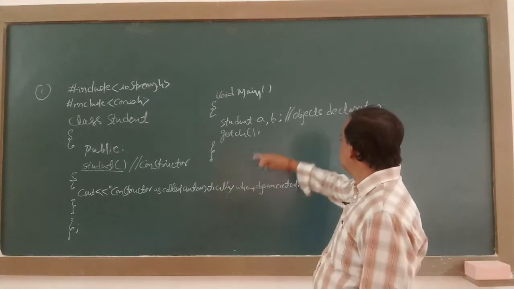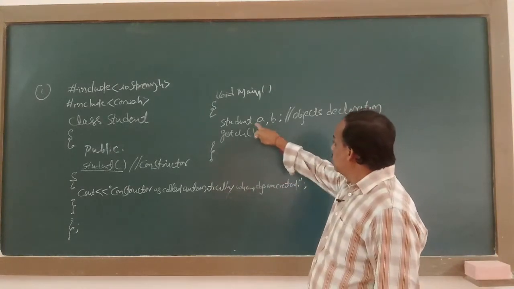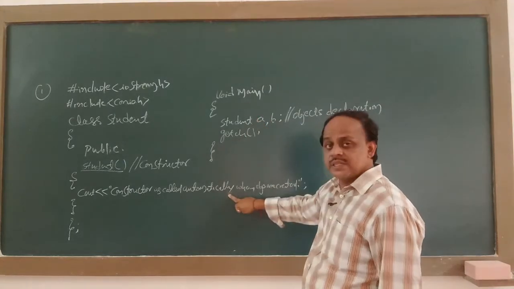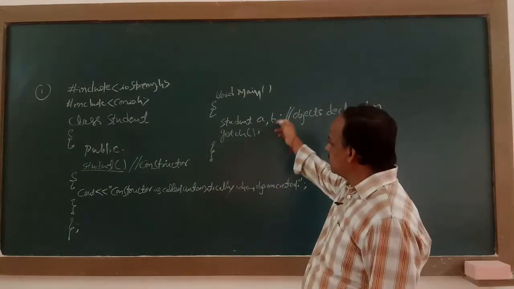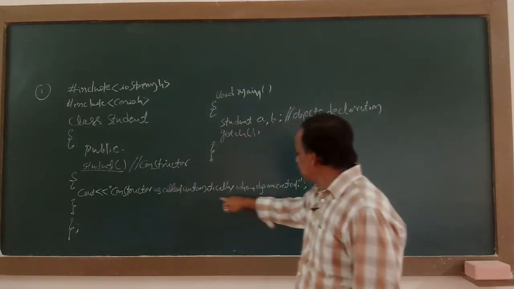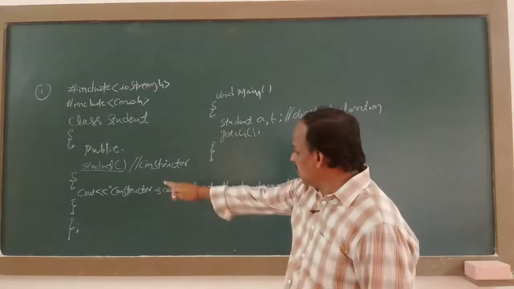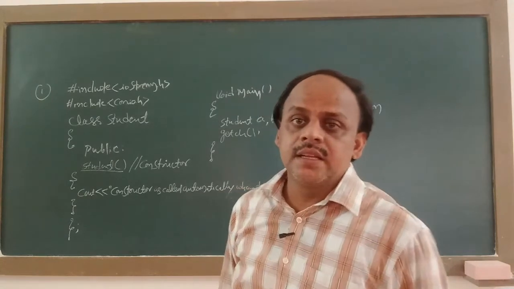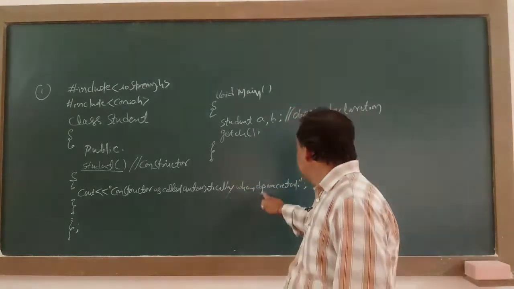And afterwards it comes here. Here two objects are there, right? For object A it is printed once. For object B the constructor is executed once again. Means we get the same sentence twice.